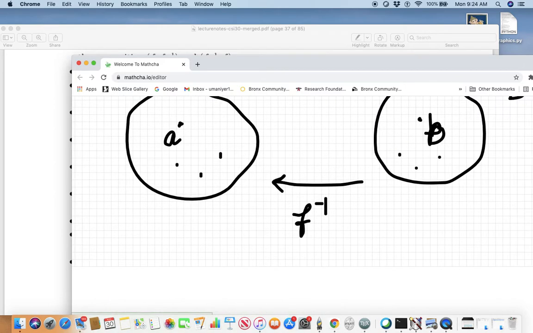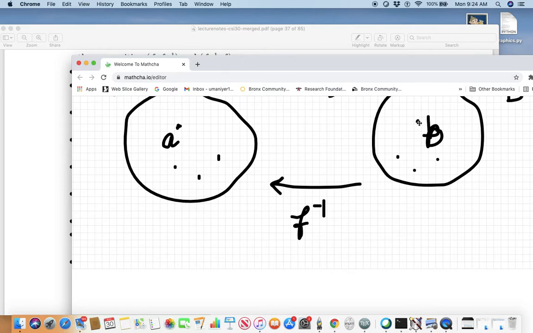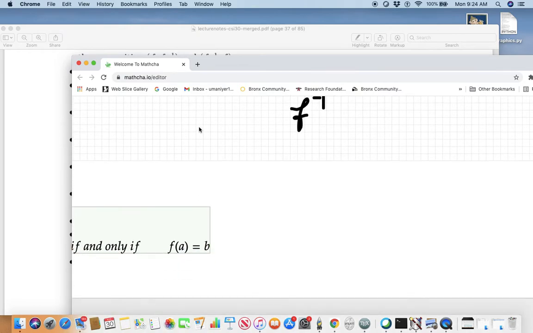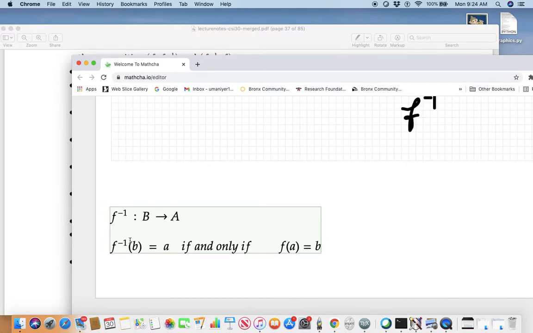So you have element b here. Look for its pre-image. There should be a unique pre-image of b because f is a one-to-one correspondence. So that unique pre-image is what you assign b to.